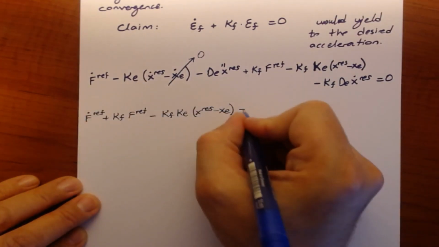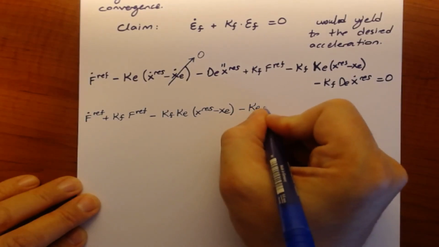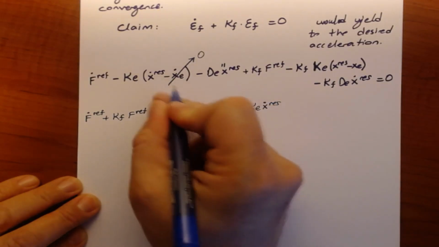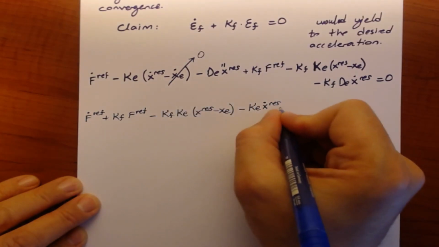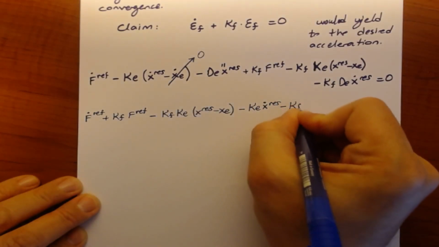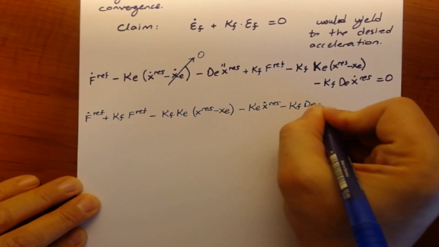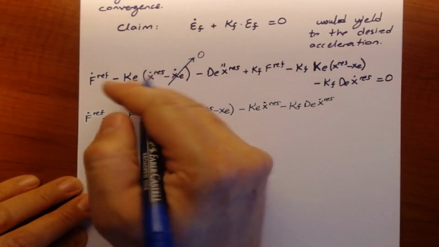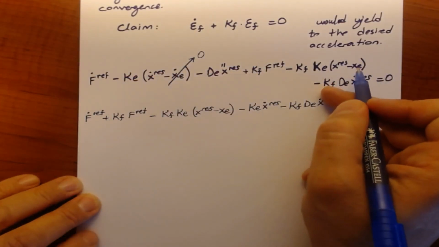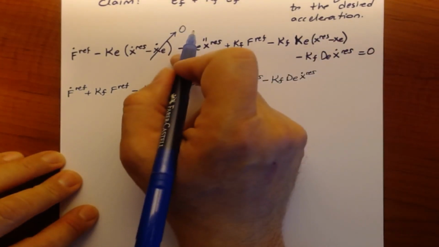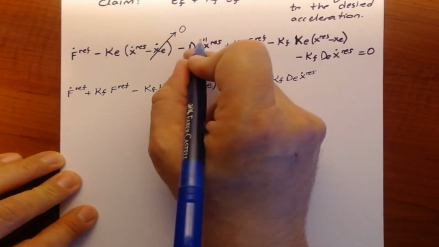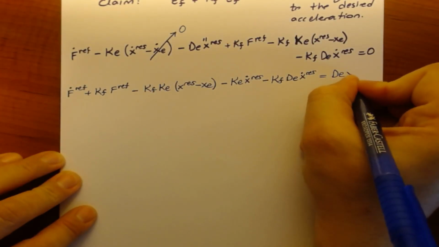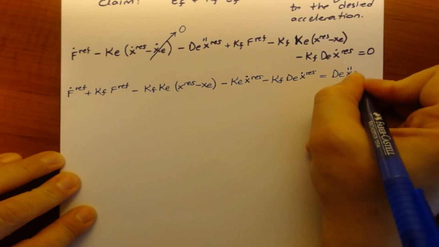Minus ke times x response dot here, and minus kf de times x response dot, right? So this term and this term is also used. Finally, we have here, let me move this to the right hand side, should be equal to de times x double dot response.